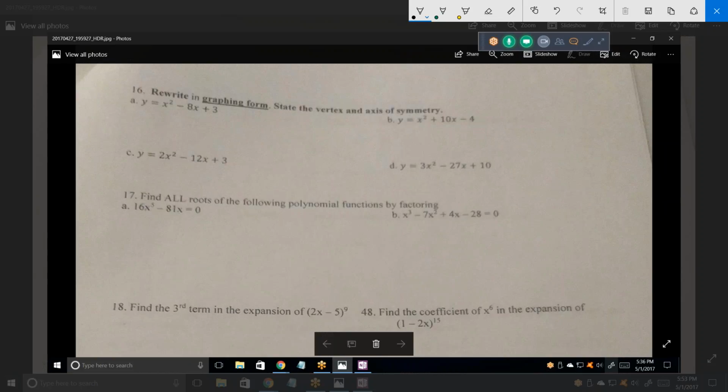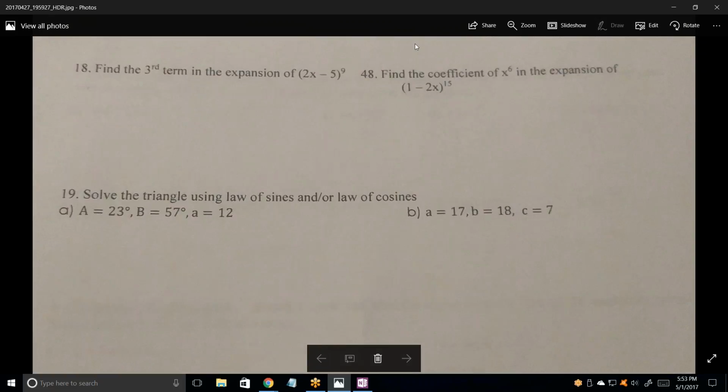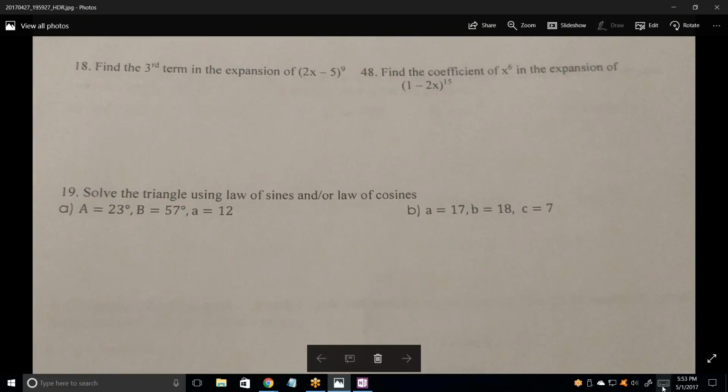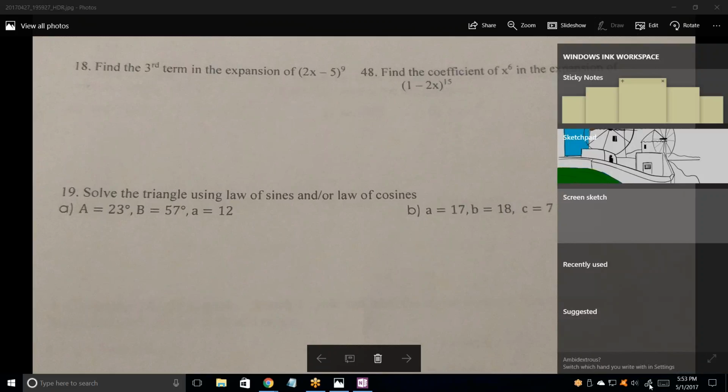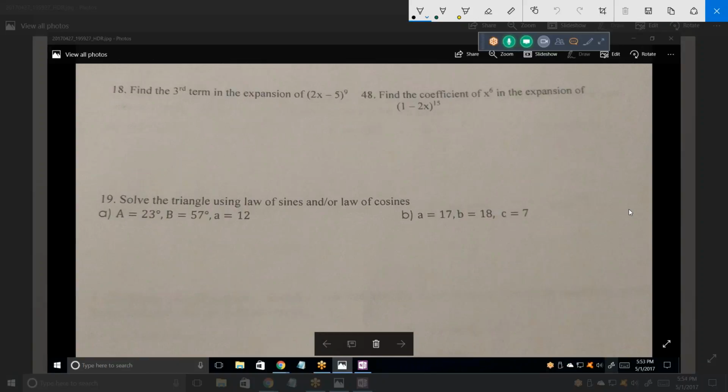Goodness. Yeah, let me do this. Probably just going to have time to do 18. I've been going left to right. I realize I've been jumping big numbers.